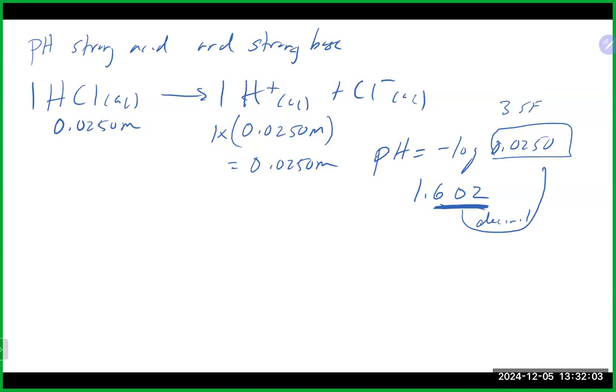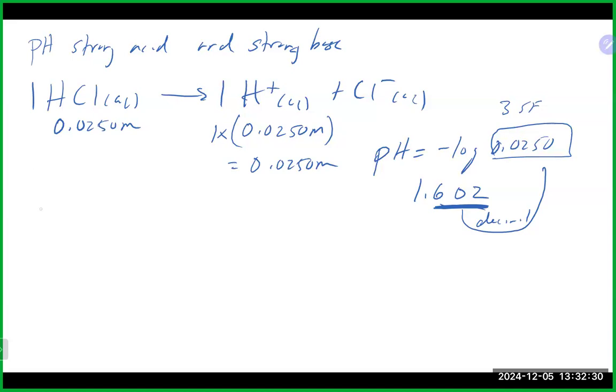In this particular example, I have 3, and I would need 3 decimal places, not significant figures. Now, I would say for your strong acids, you're probably going to be in pretty good shape, because if you look at that list of 6 strong acids, most of them are monoprotic, which means they can only donate 1 H plus. So whatever the concentration of the acid is, that is the concentration of the H plus.